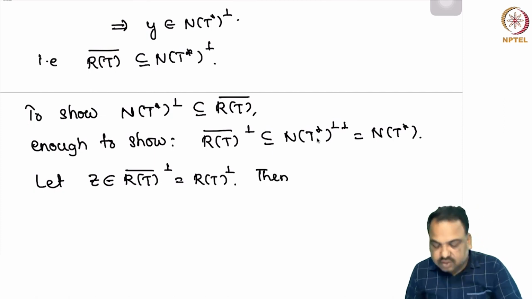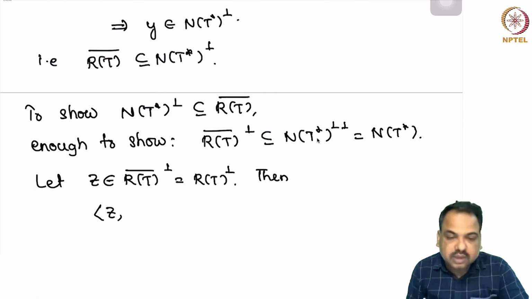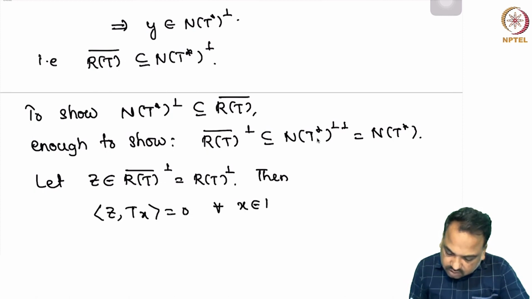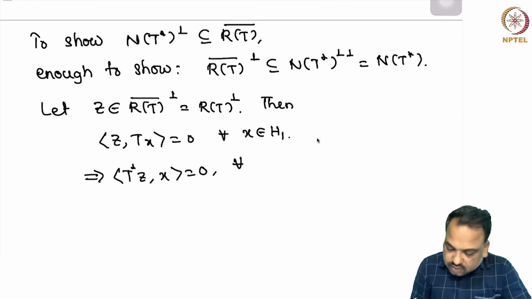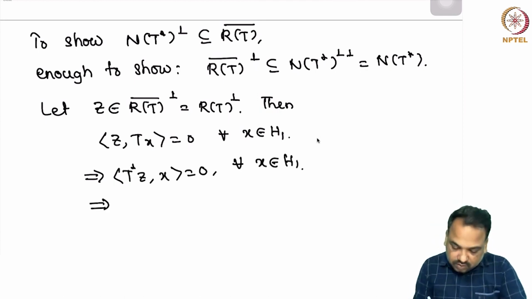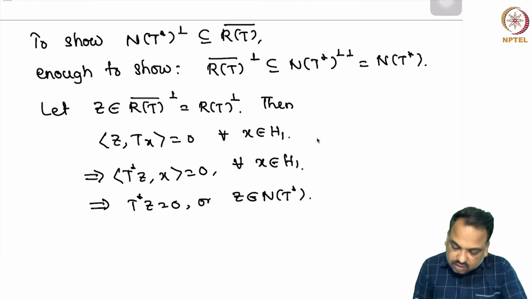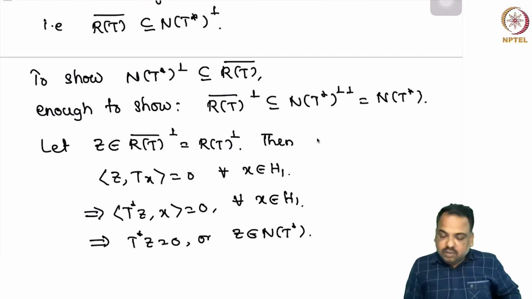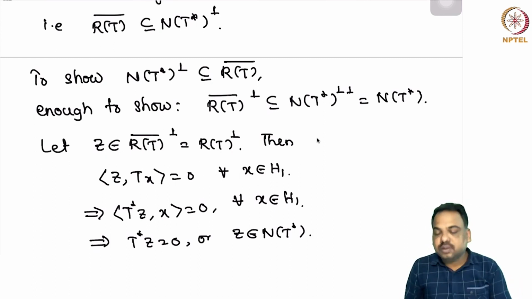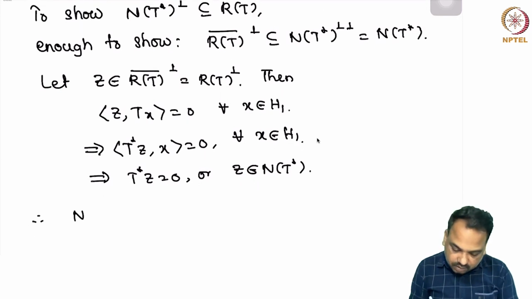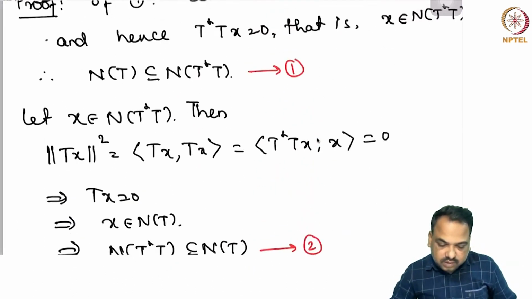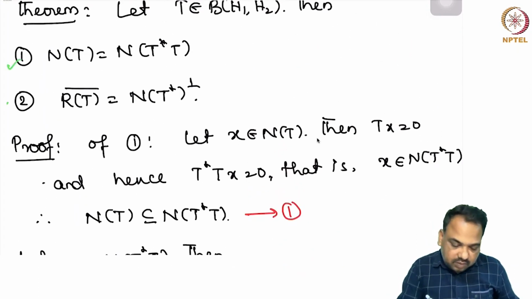Then z is orthogonal to every element of range of T. That means inner product of z with Tx is 0 for every x in H1. So this implies that inner product of T star z with x is 0 for every x in H1. So this shows that T star z is 0, or z is in null space of T star. This is what we wanted to show. So we can say that null space of T star perp is contained in range of T closure. This proves the second statement. So we have proved these two statements.